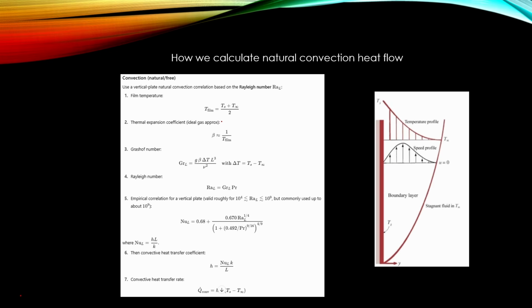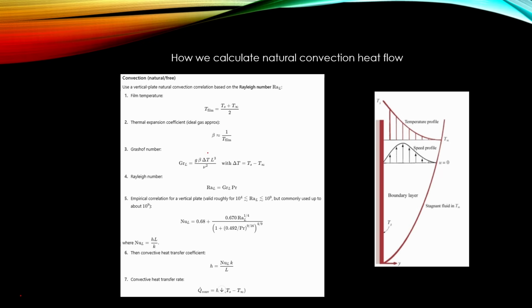First we need to define the so-called film temperature, which is the average of our surface temperature and room temperature. Then we need this thermal expansion coefficient, and we can use the function 1 divided by this film temperature.